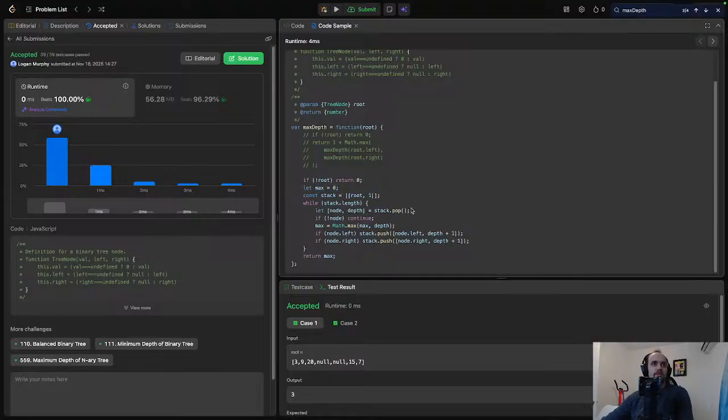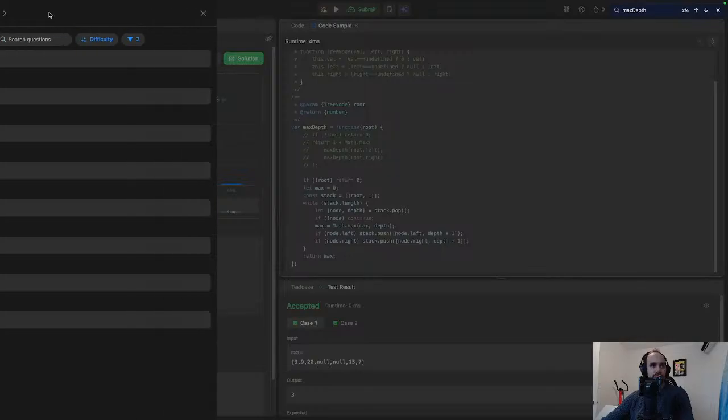Could simplify it a little bit, but I don't think that really helps. And as a matter of fact, they have the recursive solution here. So they do know that this is slower, and they know what is faster. Anyway, okay, well, that's that solution.